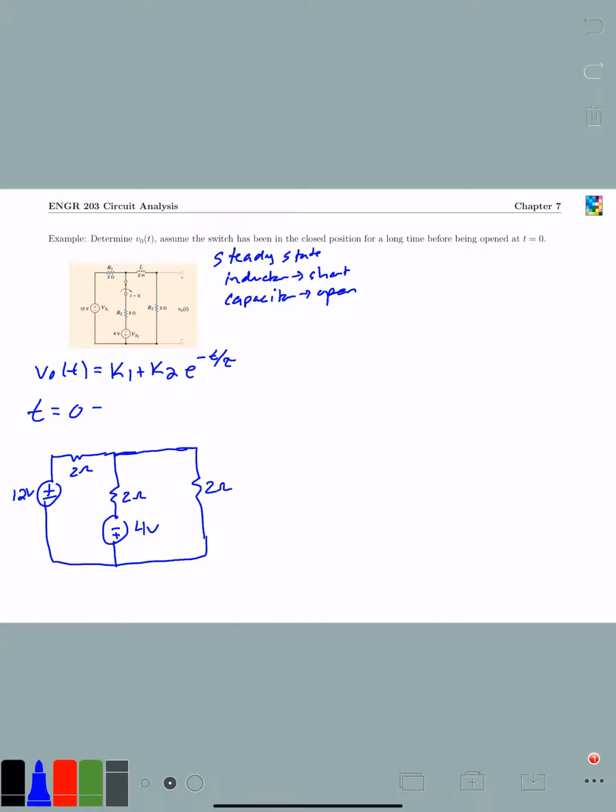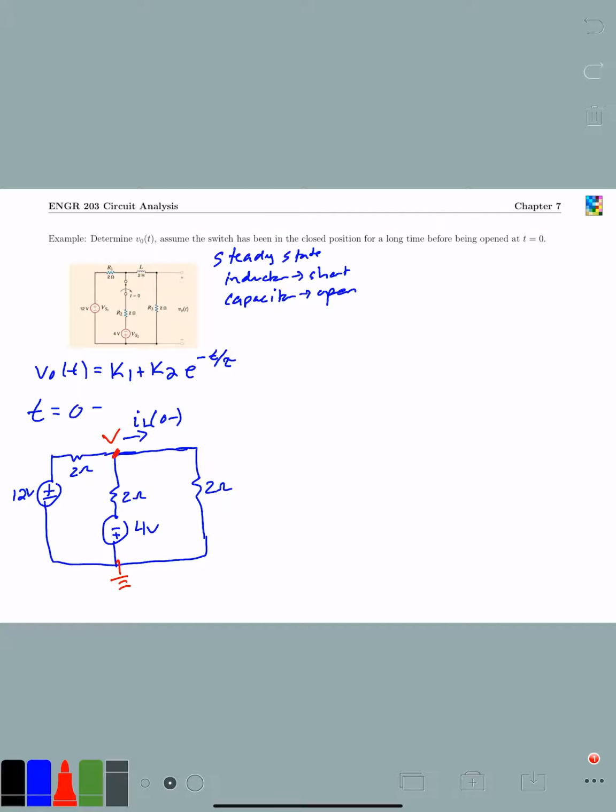And so what I want to do is find the current through the inductor at this point in time. And again, the reason why we're looking for that and not the final answer V0 is because the only thing that we know is going to stay the same over instantaneous changes is either the current through an inductor or the voltage across a capacitor.